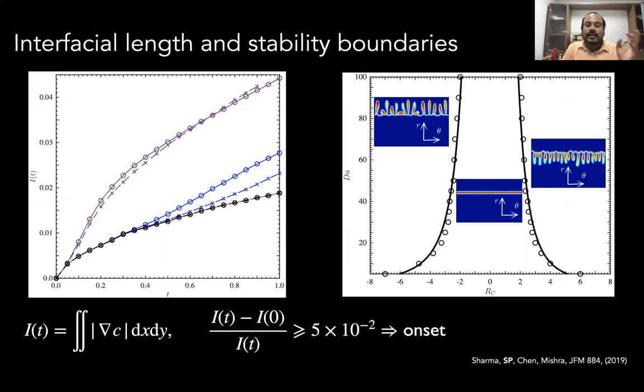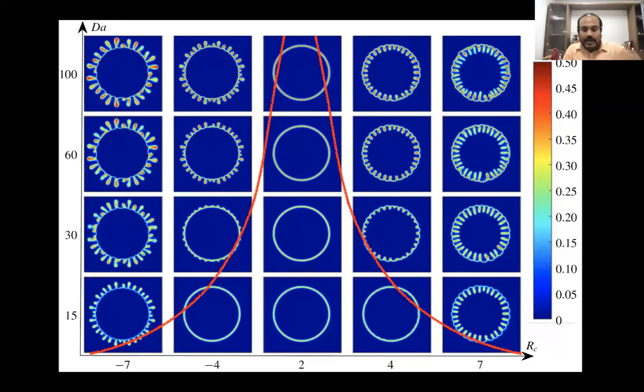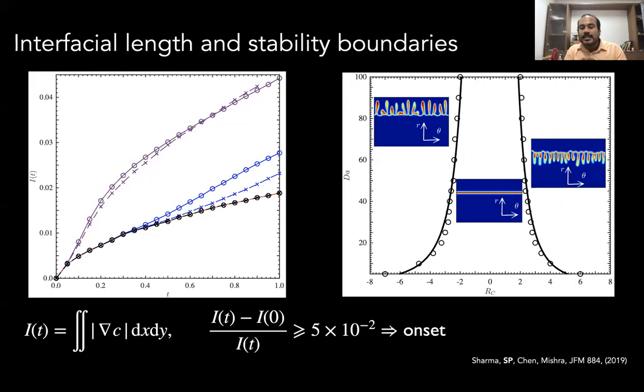So we plotted this and calculated the onset of instability, and the red lines I showed you have been given some quantification. On the right hand side figure, the symbols, these circles, are the parameters used in the simulations, and the solid lines are our fitted model, which is some sort of exponential dependence between Damkohler number and RC.